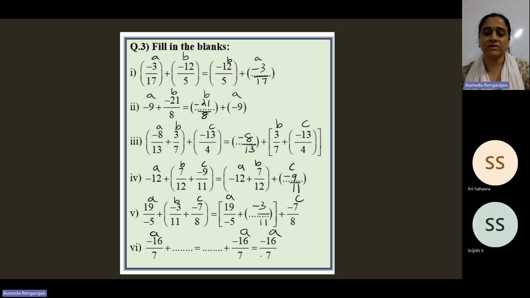And when can that happen? Only when you add 0 to the rational number. A plus 0 is equal to 0 plus A is equal to A. Correct? So we have used the additive identity property to complete this equation. So in the blanks, you'll have to write 0. Correct?